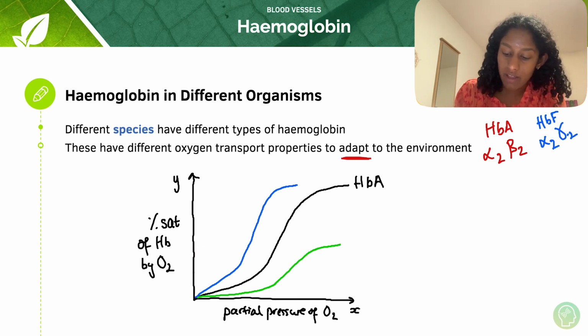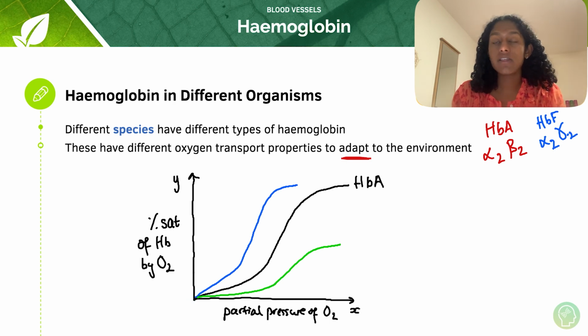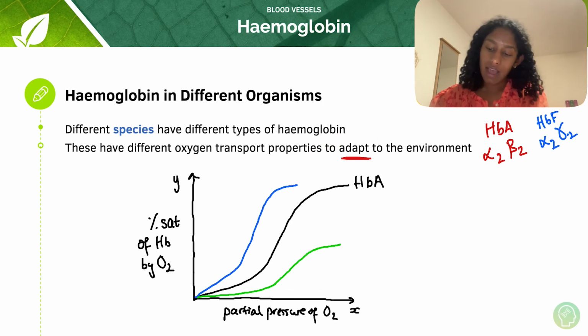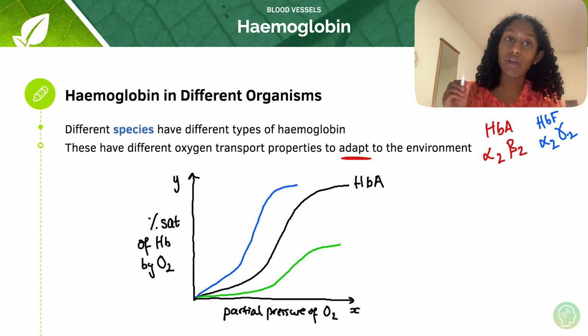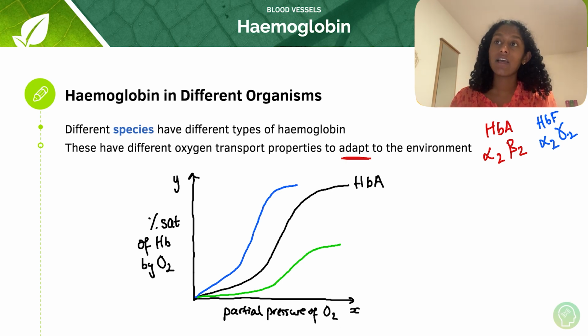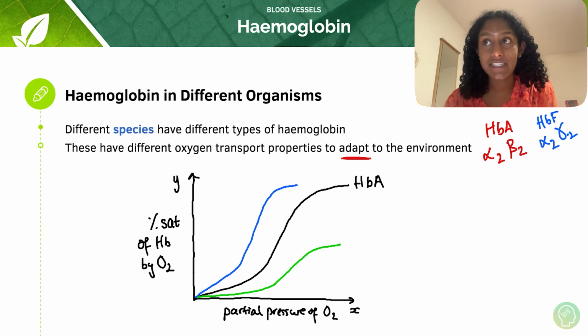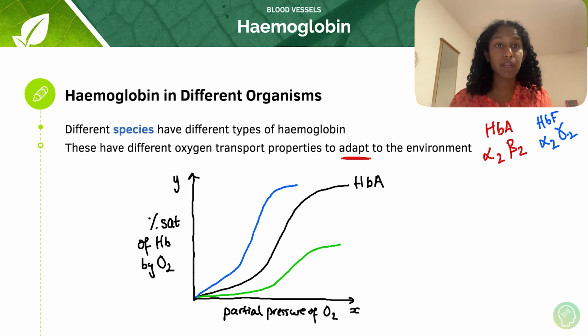So there's a lower affinity of haemoglobin for oxygen in this animal compared with this animal which lives in the oxygen low environment. So that's an example of how different species might have different types of haemoglobin in order to adapt to their environment. And just to doubly get that in, species living in environments with low oxygen concentrations will have haemoglobin with a higher affinity for oxygen, and species living in environments with high oxygen concentrations will have haemoglobin with a lower affinity for oxygen.